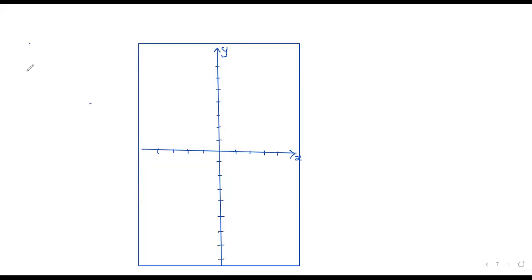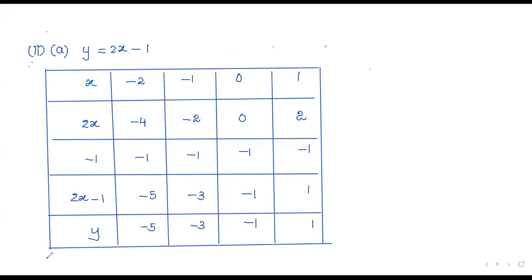Okay, so then one thing I forgot in the earlier step, I wanted to write the coordinates: negative 2, negative 5. And negative 1, negative 3. And 0, comma, negative 1. And 1, comma, 1. Let me double check.